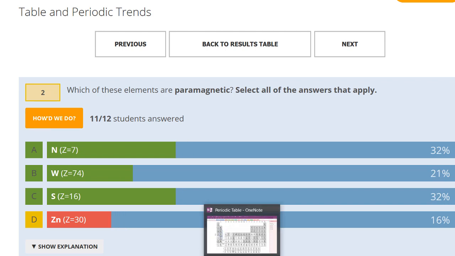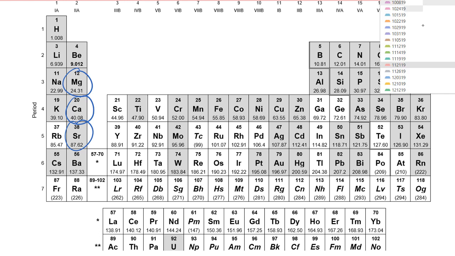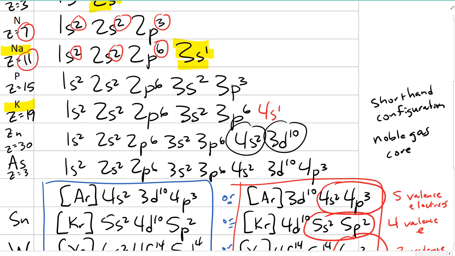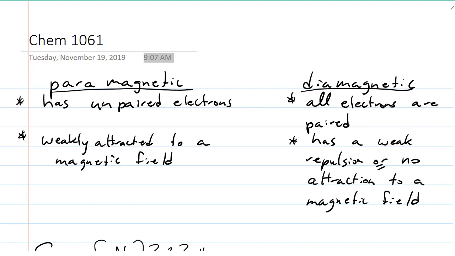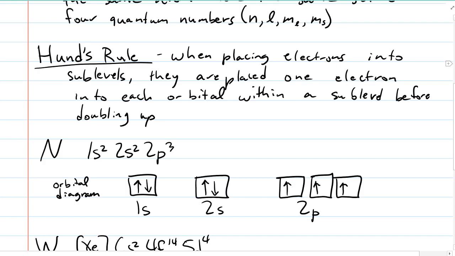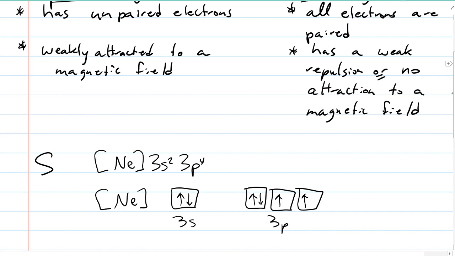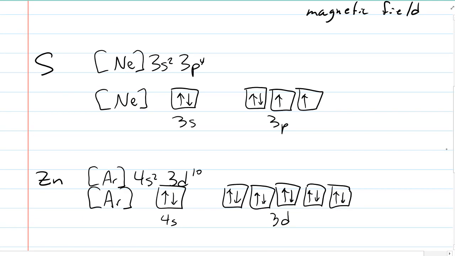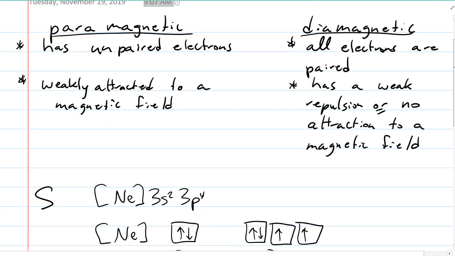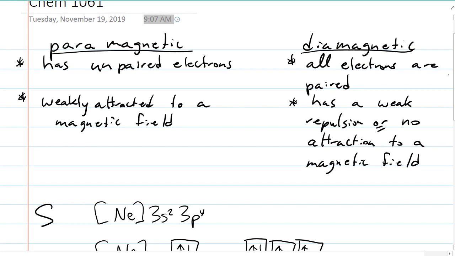If we go back through and look at the ones that we had at the end of the hour, last class period, well, first of all, we had nitrogen and tungsten, and then at the very end of the hour, you were to work on these yourself, the sulfur and zinc. We said that in order for something to be paramagnetic, it had to have unpaired electrons.